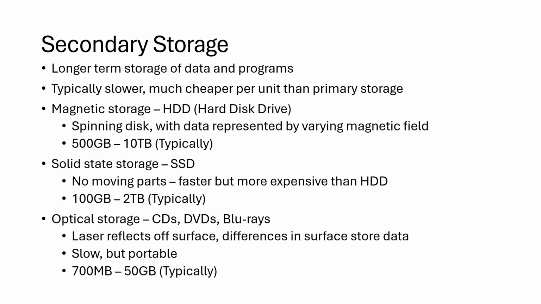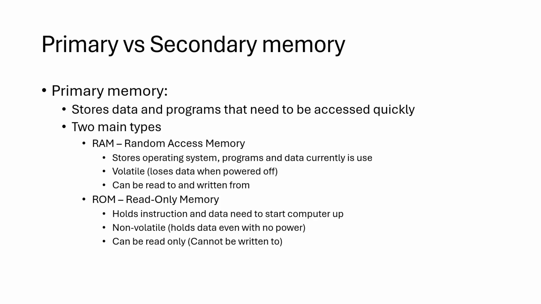And so secondary storage is used for longer-term storage of data and programs. The thing with primary memory is they tend to be fast but also expensive. So we can't really use them for long-term storage because it'd be very expensive and inefficient. And obviously you're not going to be using all your programs all at once.